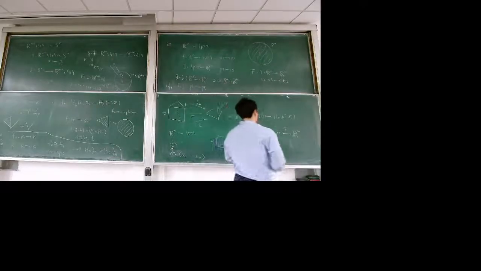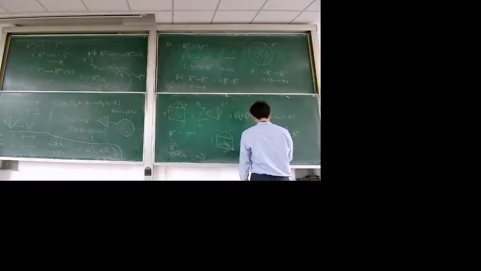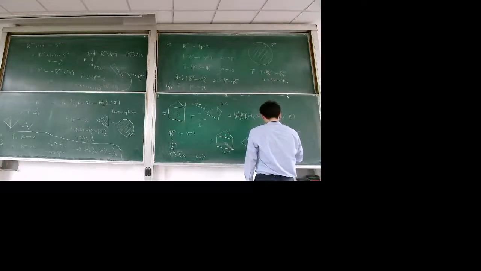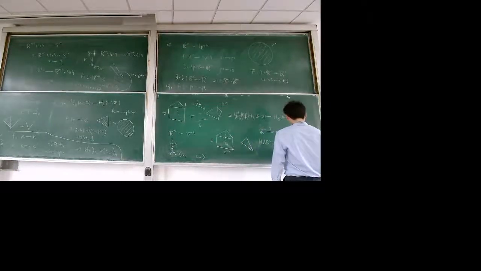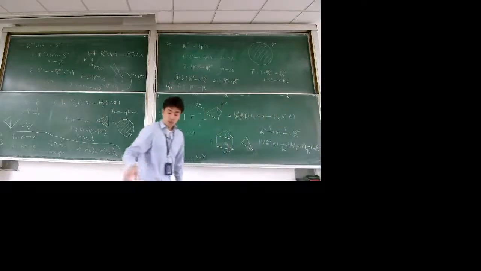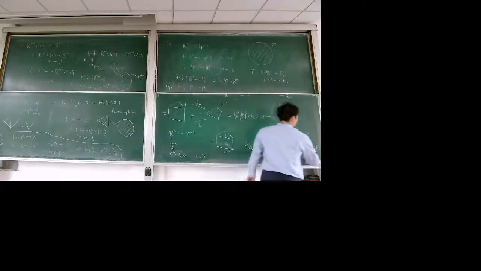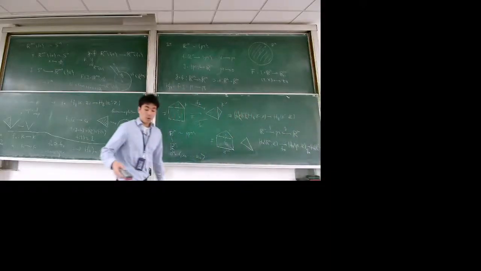So here you have a map between H star, the homology of Rn, of Z coefficient, mapped by F star to the homology of a point of Z, and G star to the homology of Rn and Z. Everything is a homomorphism.